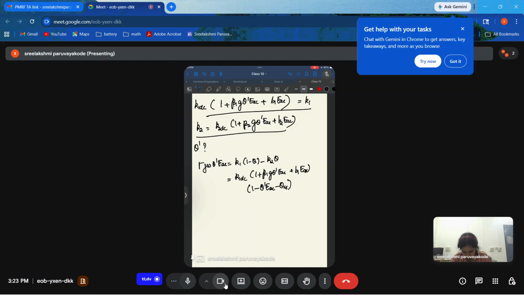This is the first term, minus K2 DC 1 plus beta 2 G theta dash EAC plus B2 EAC, theta SS plus theta dash EAC. Now simplify it. You have to remove all the terms where EAC square comes, where constants comes. So I'm going to do the simplification.